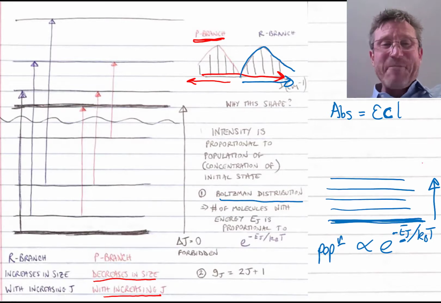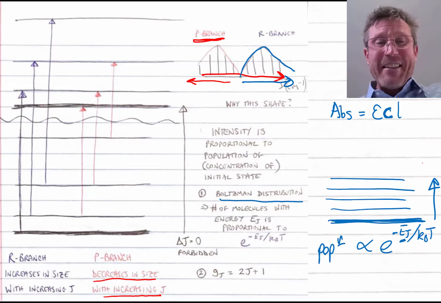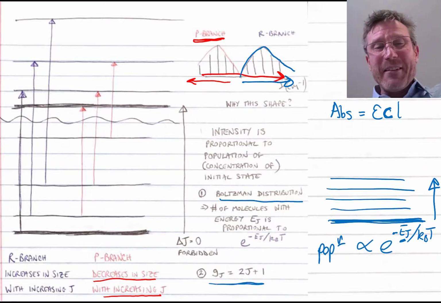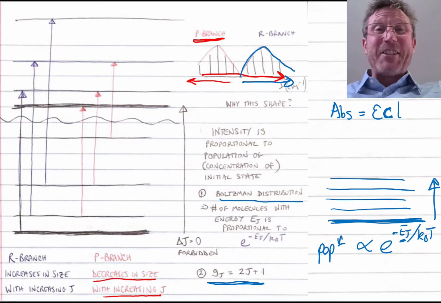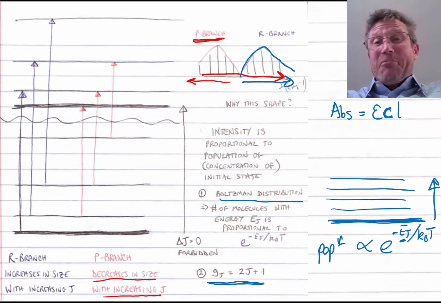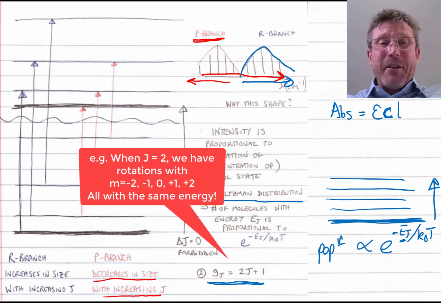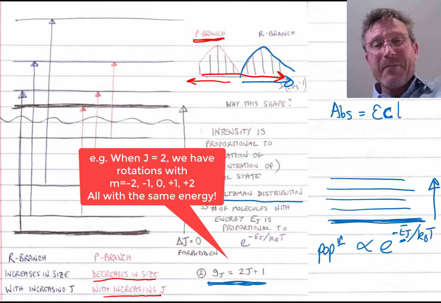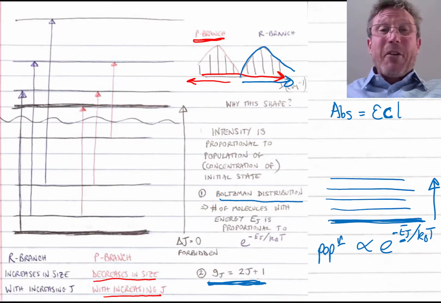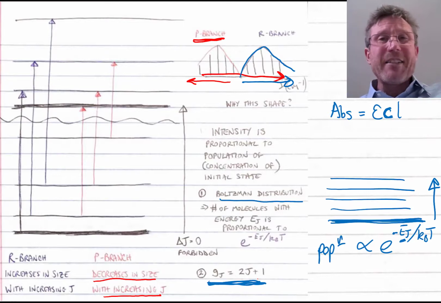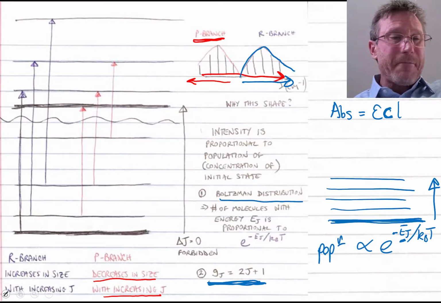What else is going on here? We've mentioned already something called degeneracy. And degeneracy, because M_J can take values all the way from minus J up to plus J through 0, so the degeneracy increases with J. So we've got two competing factors here. Let's take a look at that in the next slide.